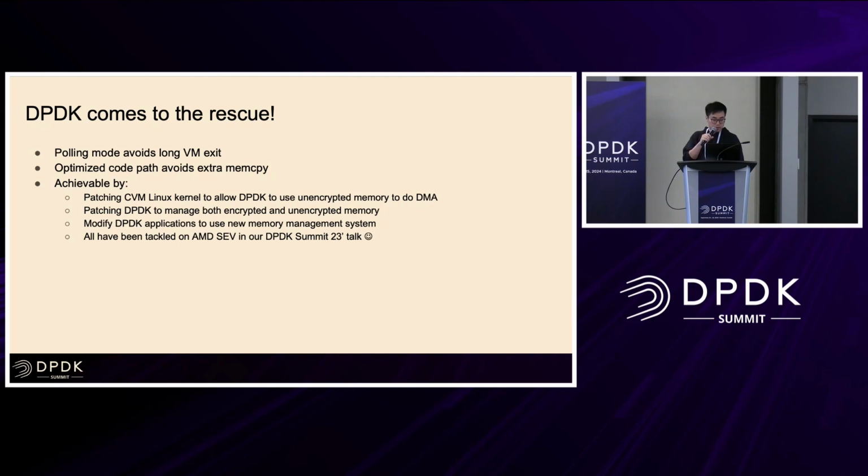These optimizations are achievable by, first of all, patching the CVM Linux kernel to allow DPDK to use unencrypted memory to do DMA. On top of that, we also need to patch DPDK to manage both encrypted and unencrypted memory. And last but not least, we also need to modify DPDK applications to use this whole new memory management system. We tackled these problems last year, and we presented them at DPDK 2023 as well.